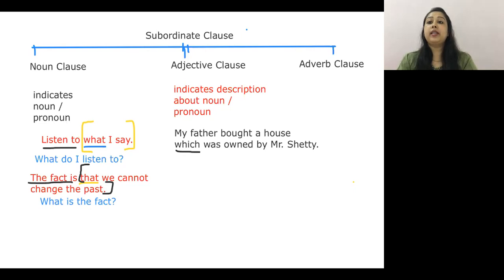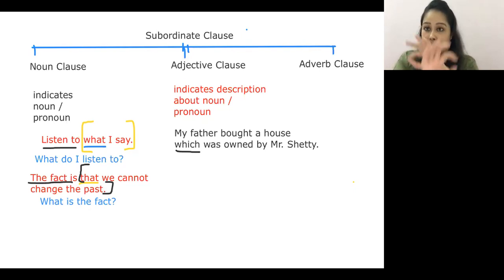Now, let me understand what should be my main clause and what should be my subordinate clause, right? So I need to ask a question. Now here I'm not framing a question. I'm just trying to understand which particular noun am I talking about? Am I talking about the three nouns here?